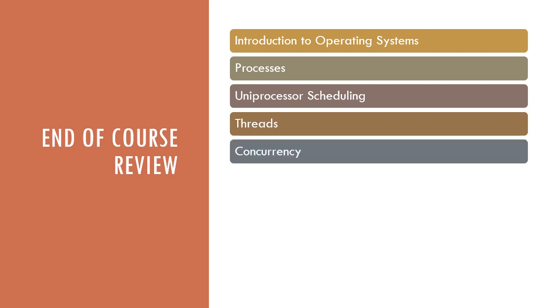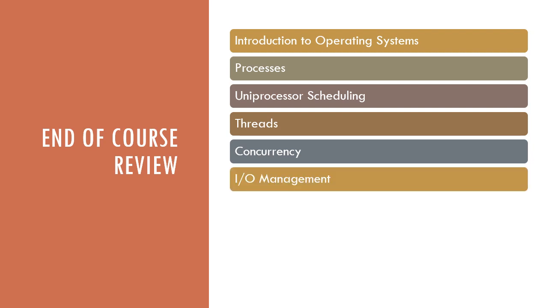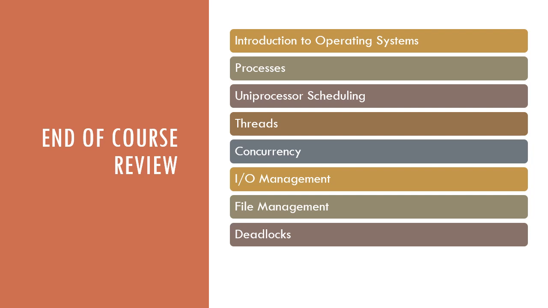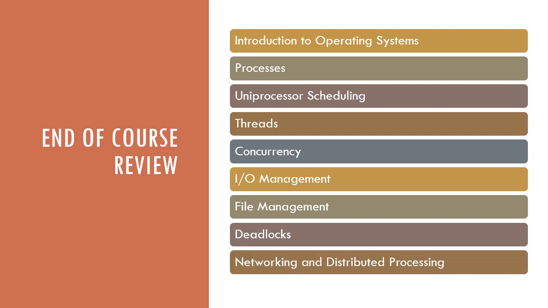Then we did a long chapter on concurrency in which we talked about synchronization and mutual exclusion. Then we went back to IO management, which was followed by file management. Then we revisited synchronization with the chapter of deadlocks. And then we came to networking and distributed processing.